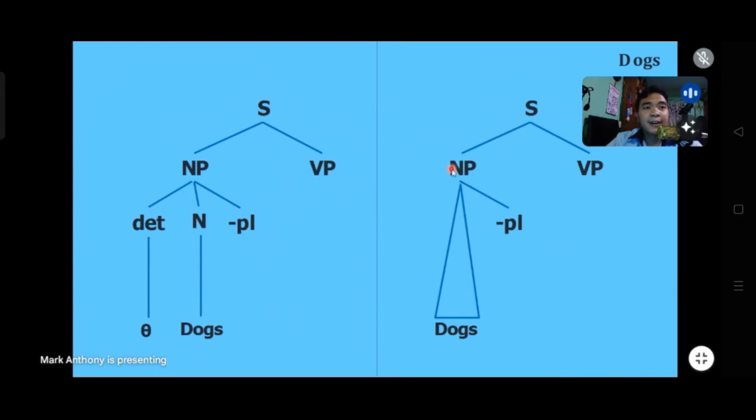Therefore, we only have one constituent, which is a noun, "dog," and it is identified what form it takes. The noun is in plural form, that's why we have a PL here.